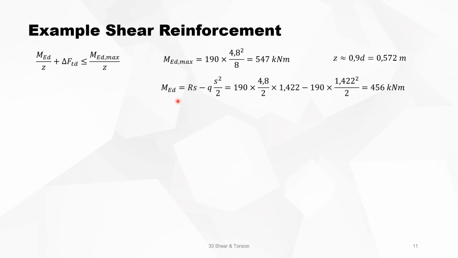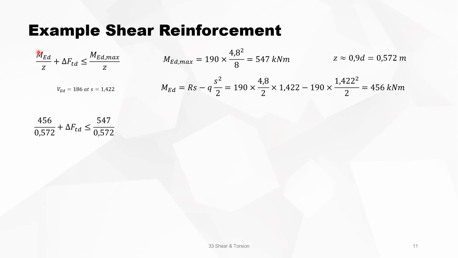The bending moment in function of the coordinate S, and then we take the bending moment at the point where we are calculating the shear force, which was VED 186 at S equals 1.422. So we put 1.422 in it, and we see that the bending moment at that location is 456 kilonewton meter.